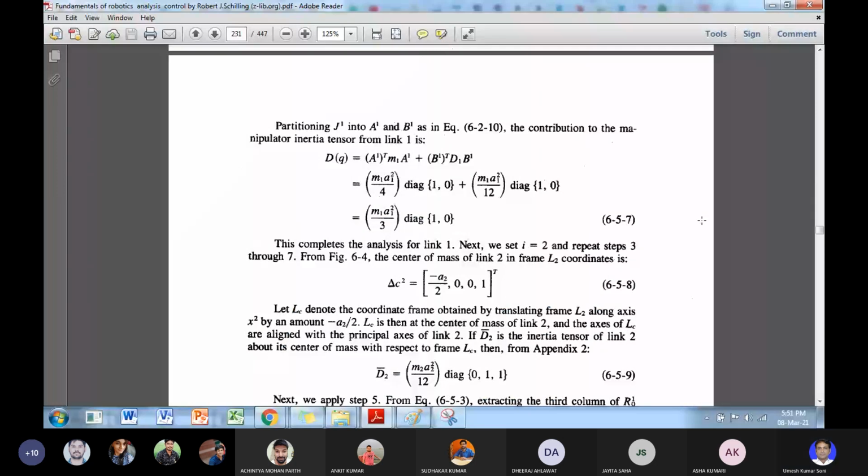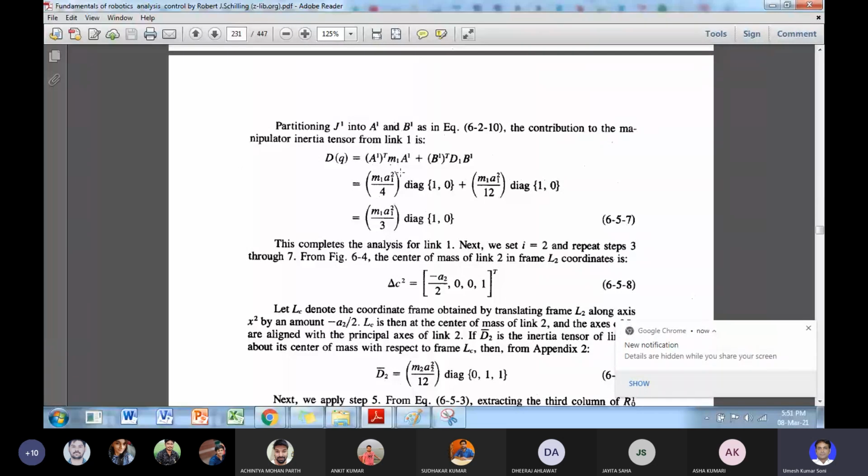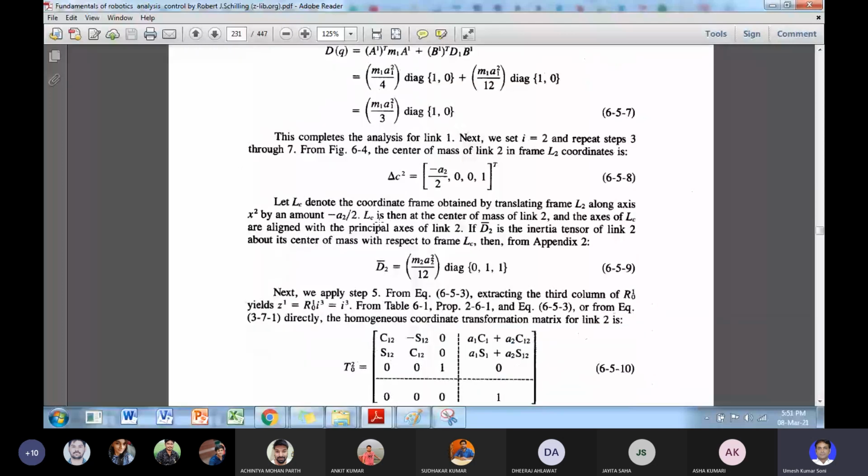In the dynamic condition, you get the effect of the mass as well as the effect of the inertia tensor while rotating. Now the second link, we are calculating the same thing for the second link.